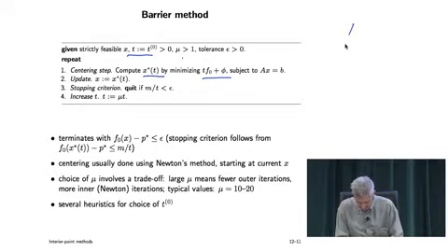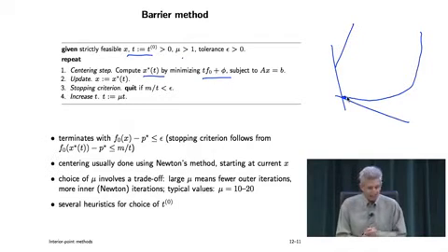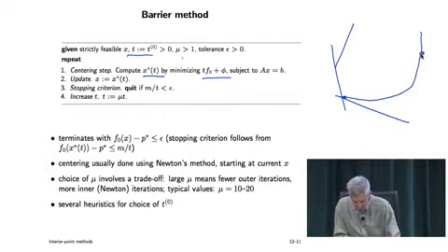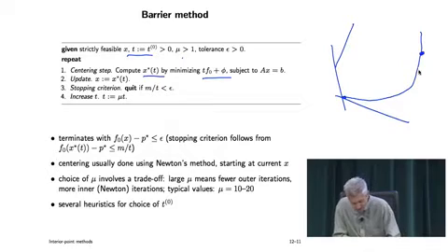Absolutely beautiful, because here's the central path, going into your solution. A path following method says you're here. That's a certain value of t. Let's take mu equals 1.1. Then what happens is, starting from this point, you apply Newton's method and you bump around for a bit, and then you end up there.